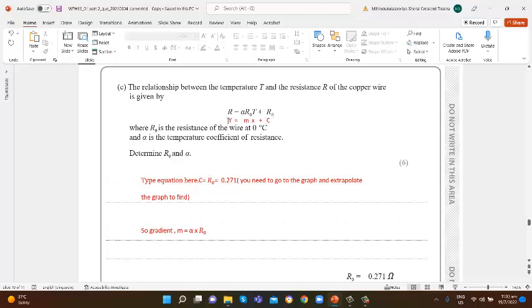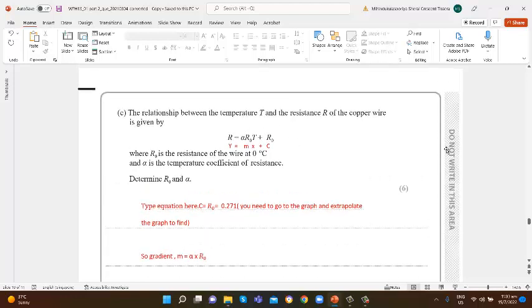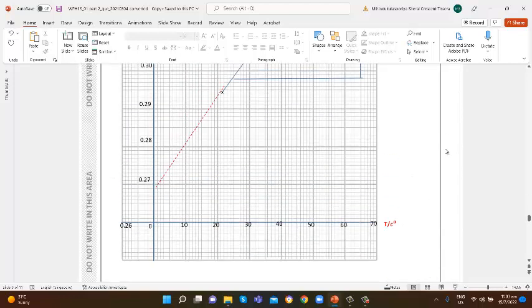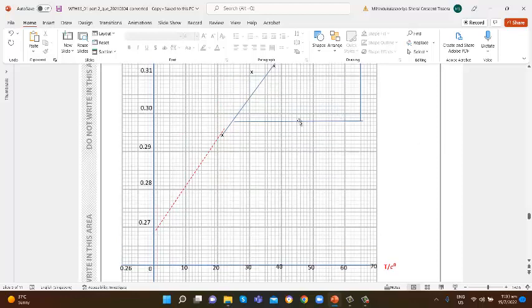If you know that, then you know the gradient is going to be alpha R naught, where R naught can be obtained from your graph when you extrapolate your best fit line. I have done it, and maybe it should be here.